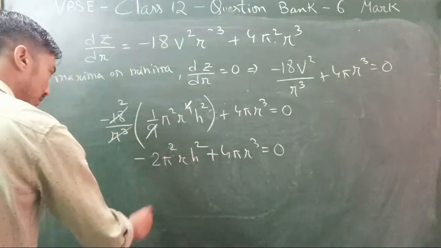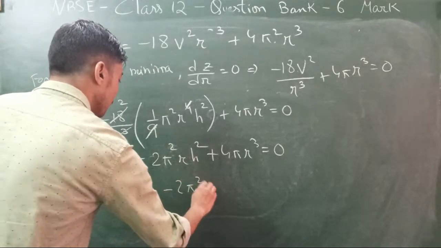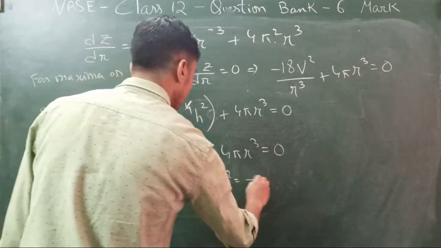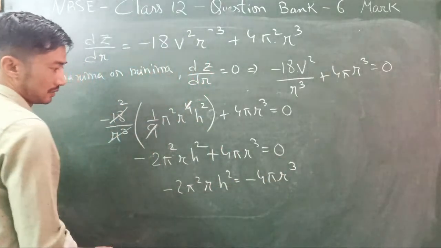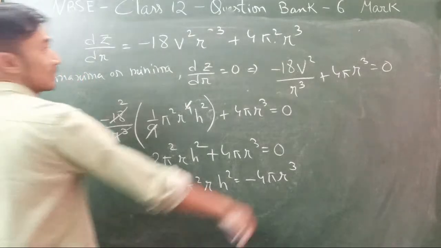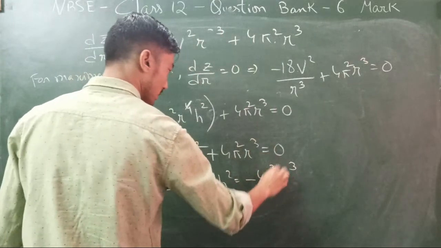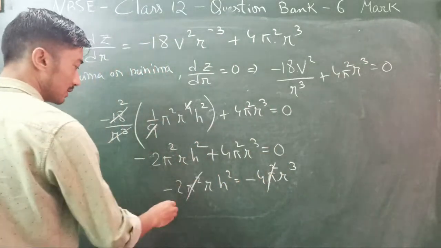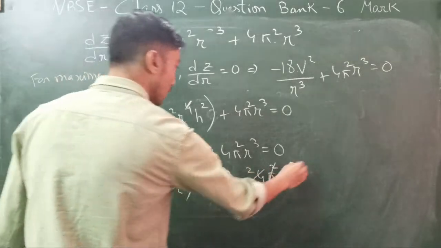Now let's just simplify this. So minus 2 pi square r h square. You can do this in your own ways. Minus pi r cube. This is of course square, square, square, square. Pi square, 2, 2, 1 r square.